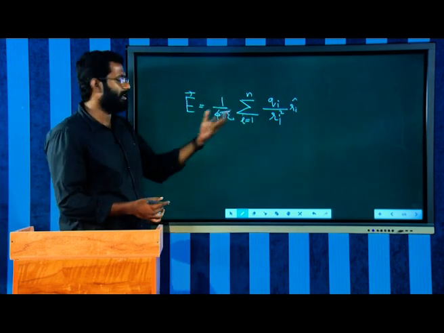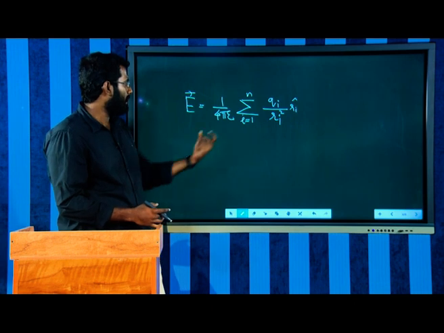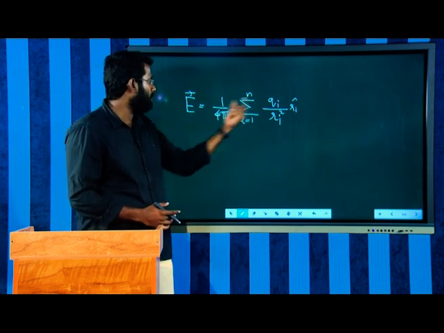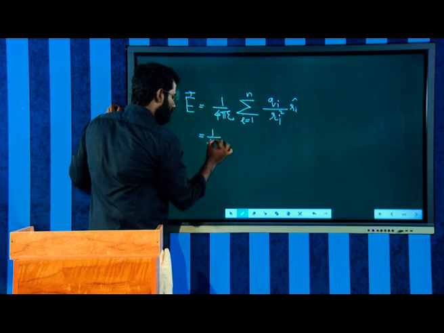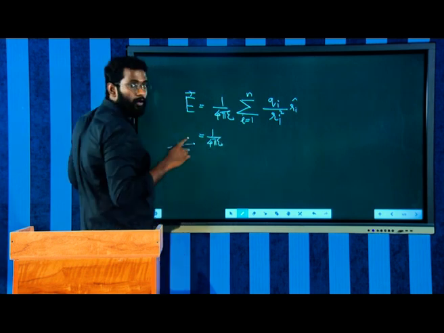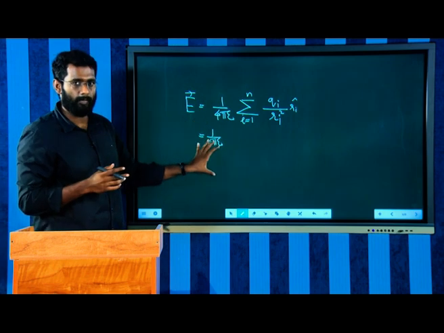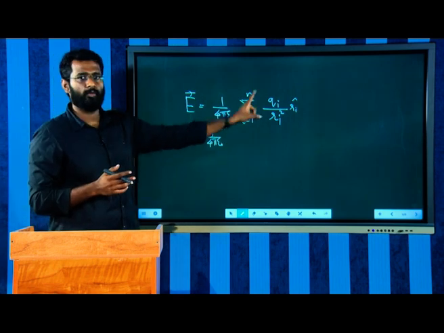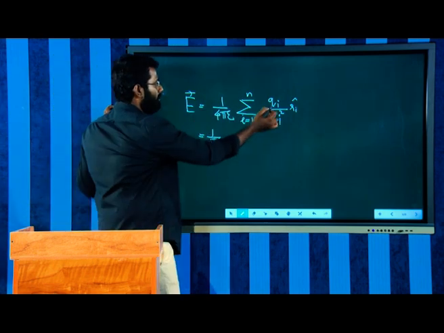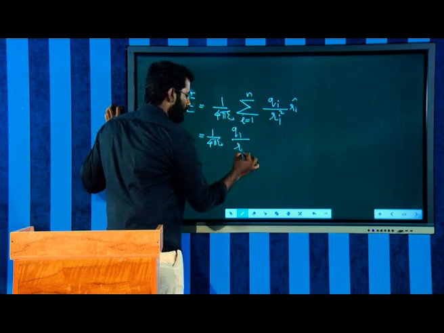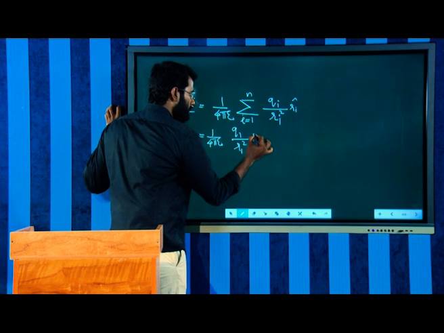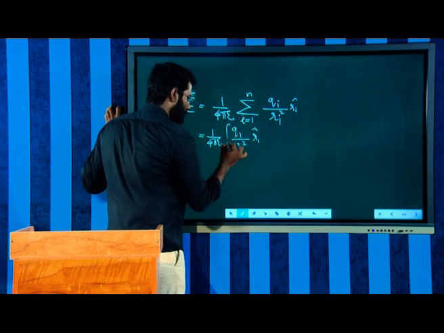If you have any confusion in this summation convention, you can put each value there. Let me put each value there, then you will be clarified. This is the same equation that we wrote before. 1 by 4 pi epsilon 0 is common. Now you put the value 1, so this will be Q1 divided by R1 square into R1 cap, the first term.